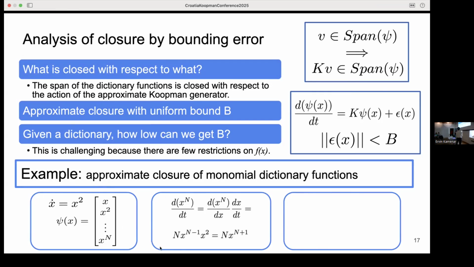That's going to give you the emergence of a new term, x to the n plus 1. So this then means that when you're looking at this expression, you now have to deal with an error term, and this property is not going to be satisfied.